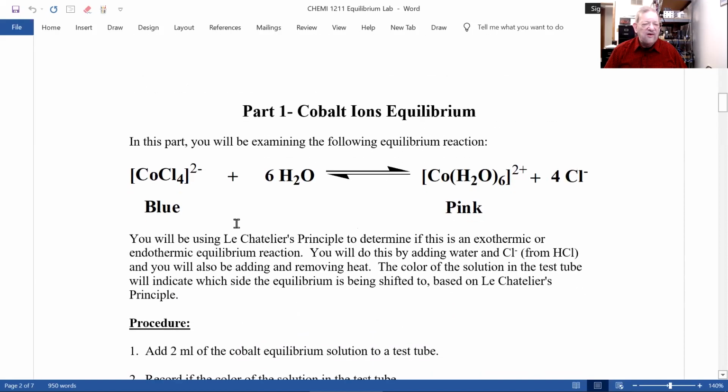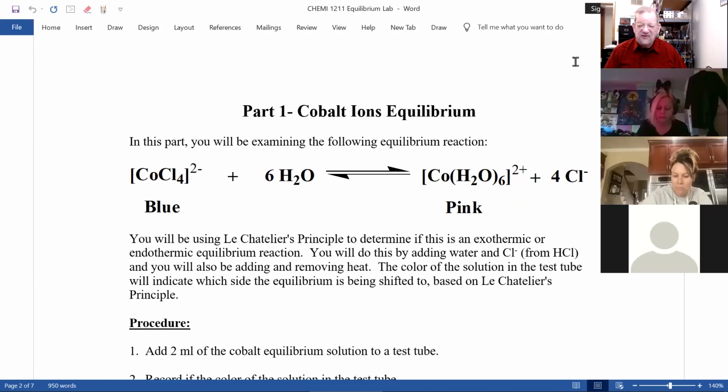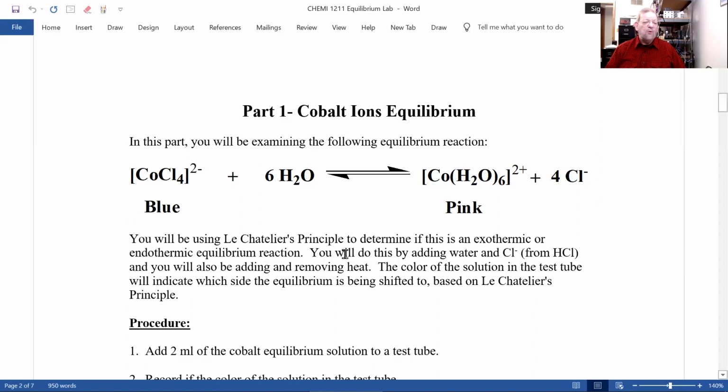Now, let's look at part one. Here is the equilibrium. Let me ask, everybody see part one on your screen? Thank you. Now, when the equilibrium shifts to the left, the color in the test tube is blue. When it shifts this way, it's pink.